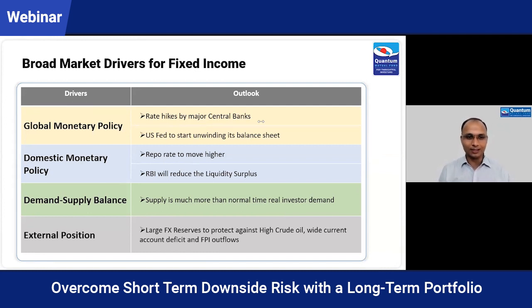So broadly, we have to look at the monetary policy, both at the global and the domestic side, and the demand supply to navigate this interest rate cycle. Now, when I look at the bond market, we try to play on the margins, what is happening, the nuances in the domestic monetary policy. As Chirag has talked about, our inflation problem is very different from what the US is dealing with, what other monetary authorities or other advanced economies are dealing with.